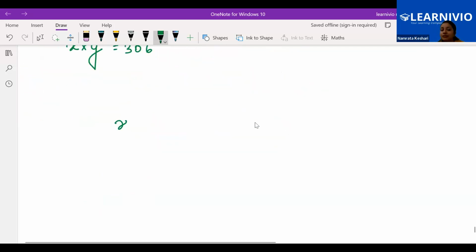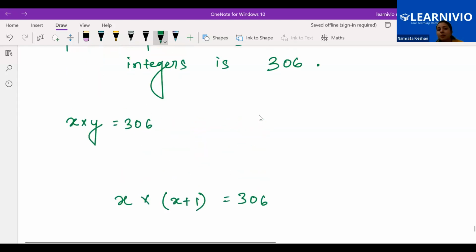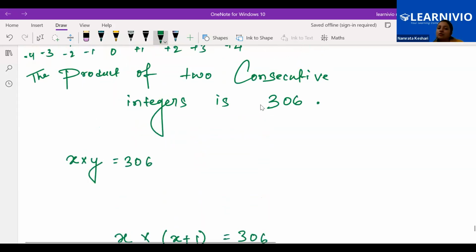So similarly we are going to assume that our first integer is x, and since the question says it is a consecutive integer, the next integer will be x plus 1 over here, and that is equal to 306. Similarly, I was talking about the example of maybe consecutive even numbers, consecutive odd numbers.